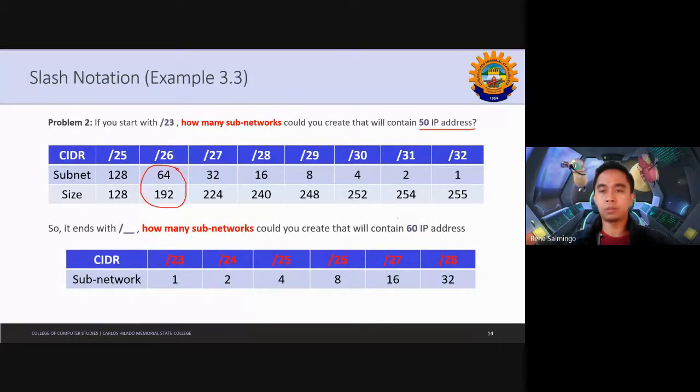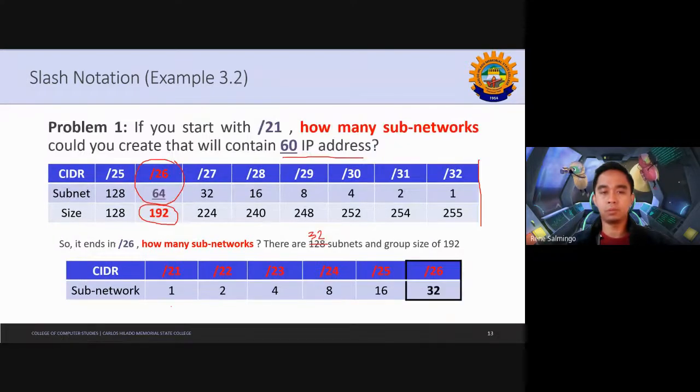Since you have 50 and 60, it's still in the same range that we have. On this side, you start with /23 and you end with /26. In this example, we end at /26 because we know from the CIDR notation that we consider 60 IP addresses on this side.